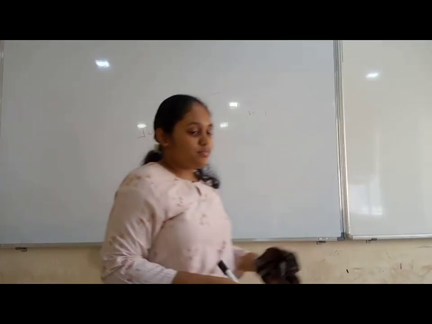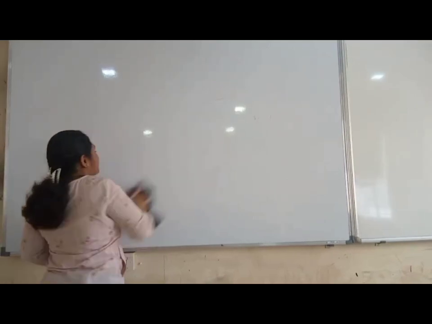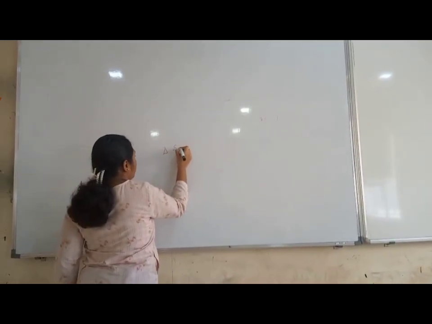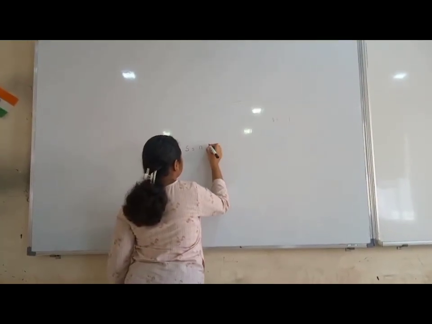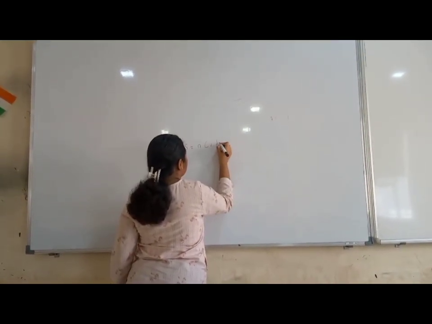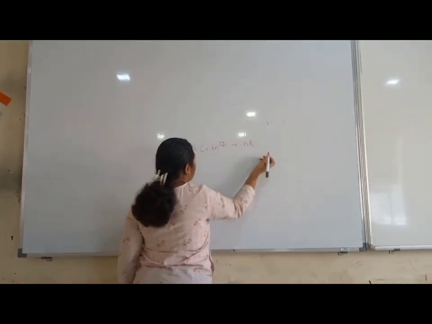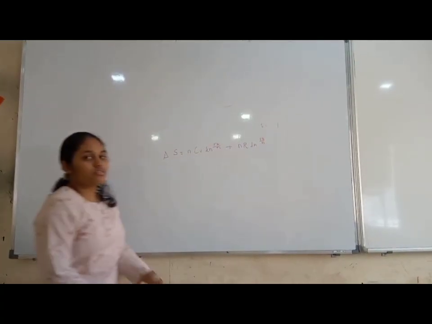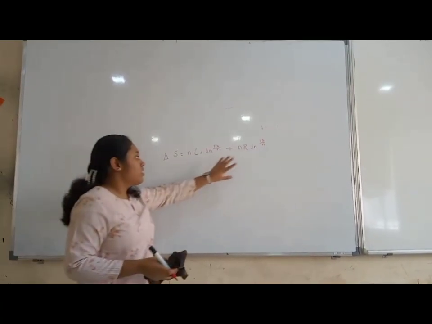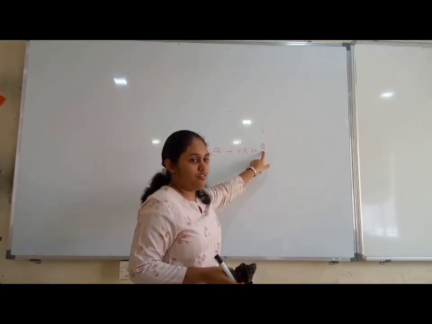V final square minus V initial square. Then we replace V with temperature, using PV equals nRT.